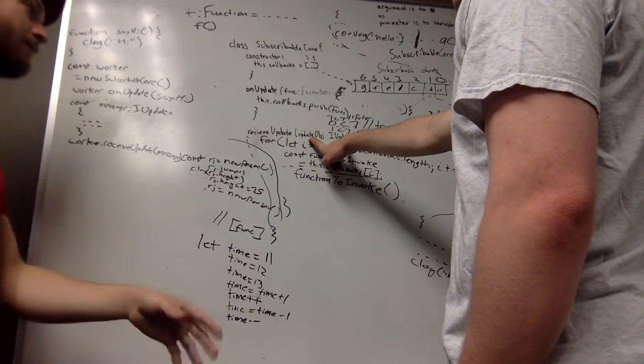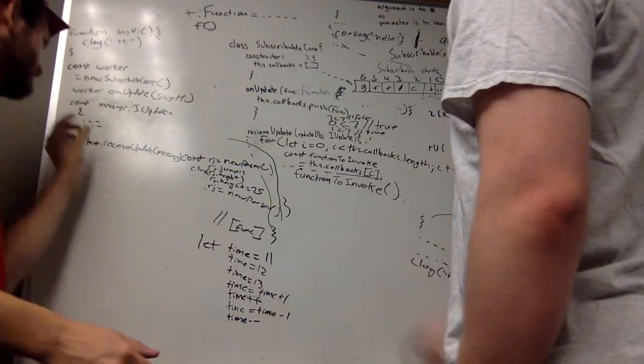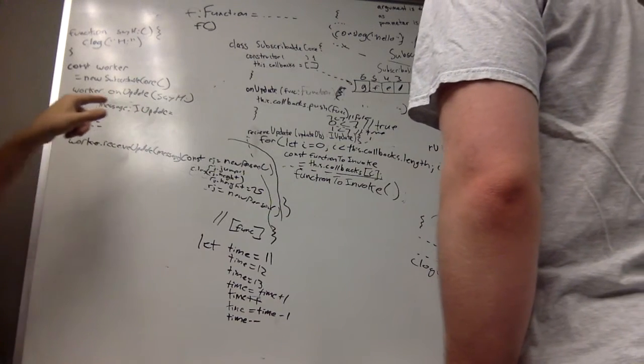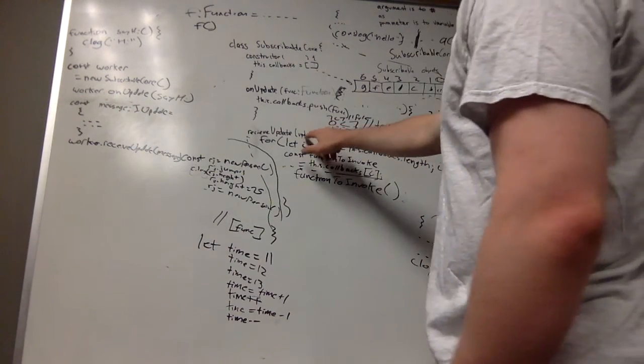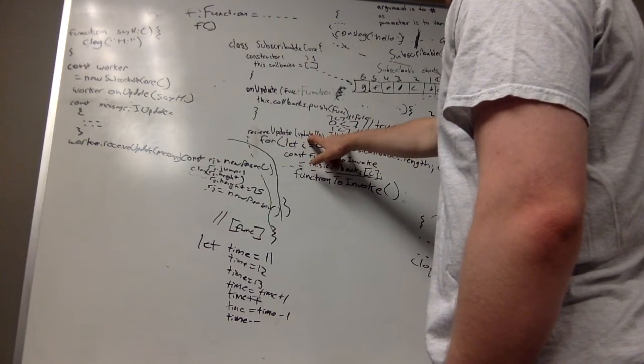It's just some message that has some properties that are listed out in the iUpdate interface.